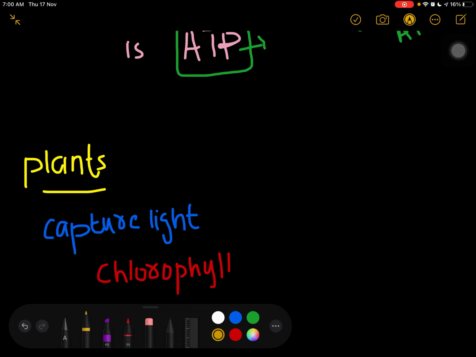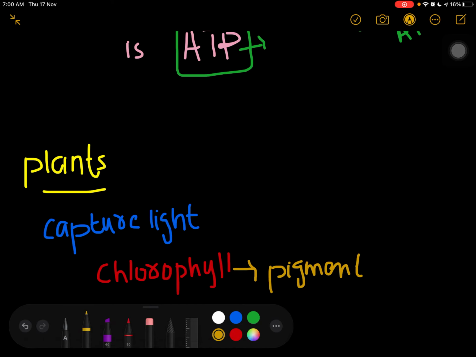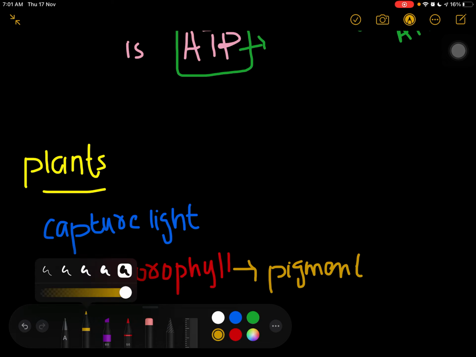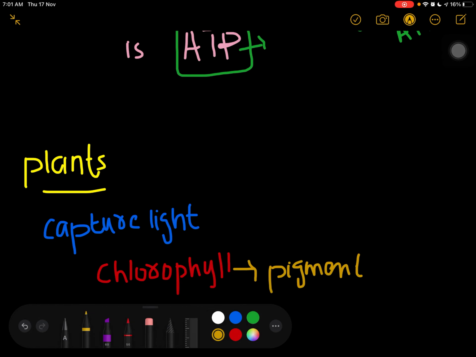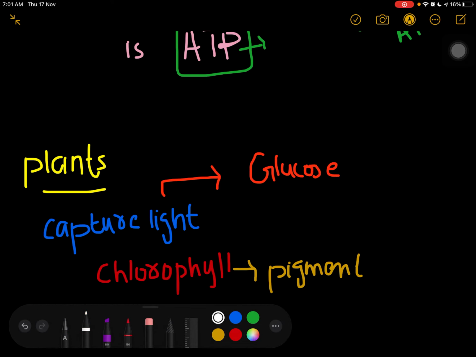Chlorophyll is basically a pigment, right? What will happen is that when they capture the light, they will convert this light into glucose, right?